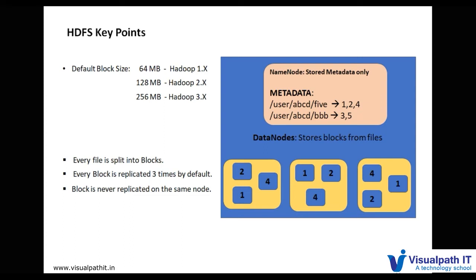A block is never replicated on the same data node. You can see on the right side, for example, block 1 will be on different data nodes, not on the same data node. This is the first copy, second copy, third copy, right? And block 2, first copy, second copy, third copy. Same way block 4, first copy, second copy, third copy.